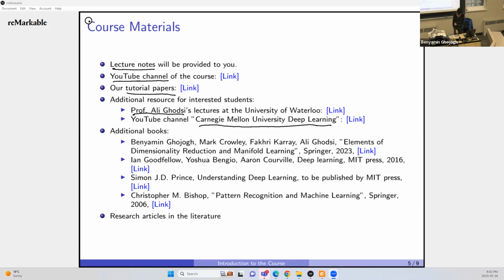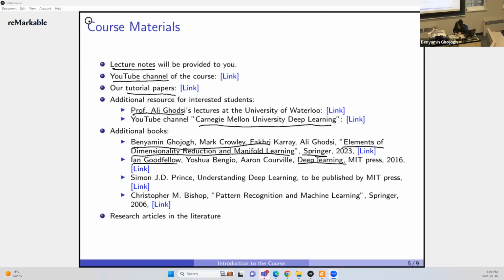Also, some additional books. I think some of them can be found in the library of the university too. One of them is Elements of Dimensionality Reduction and Manifold Learning by Springer. It is our book, which we have written and recently published. There is another one, the most famous one, Deep Learning by MIT Press by Goodfellow, Bengio et al.